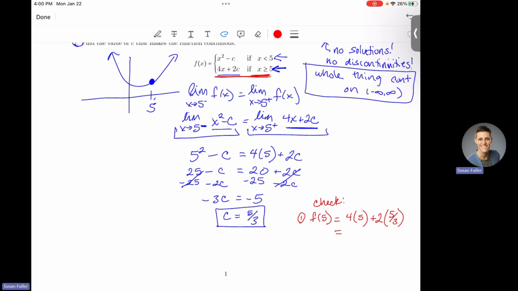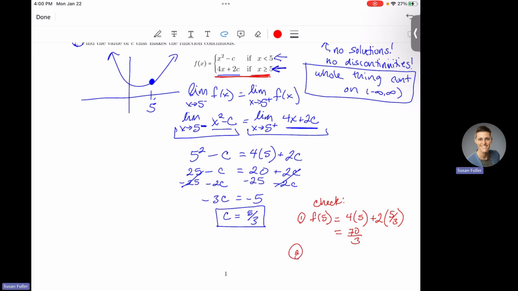If I put that in a calculator, I get 70/3.